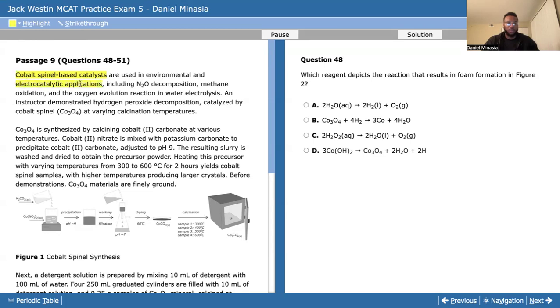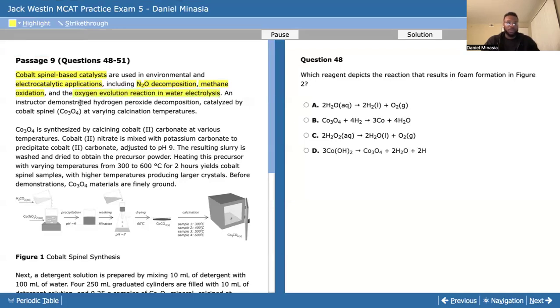Okay, looks like we'll talk about some maybe electrolysis, some electrocatalytic reactions, things like that, including N2O decomposition. So now we're talking about the electrocatalytic applications of the cobalt spinel based catalyst. Methane oxidation. Okay. Pretty cool. The oxygen evolution reaction in water electrolysis.